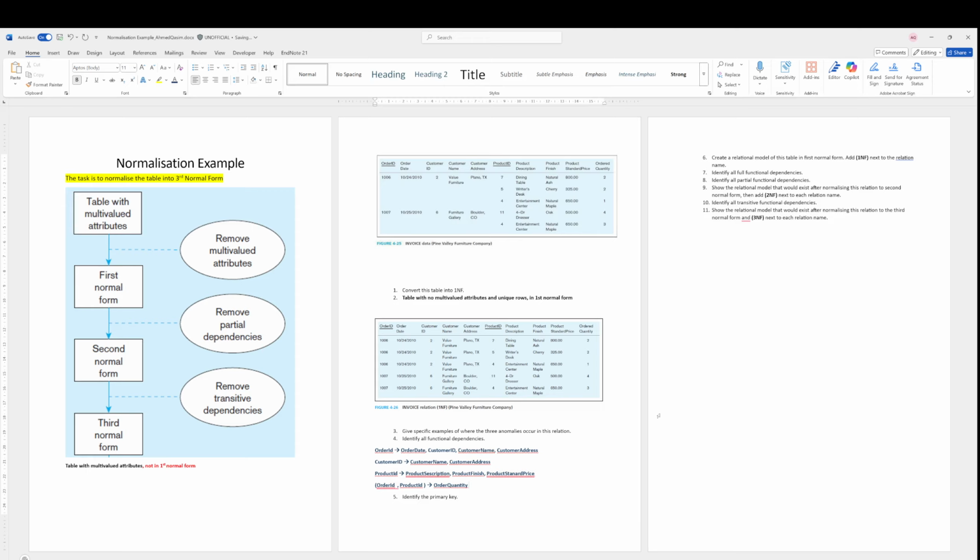Based on that, it will help us identify the primary keys, in the fifth question. To identify the primary key, we need to look into the functional dependencies and locate the determinants that do not appear on the right-hand side.